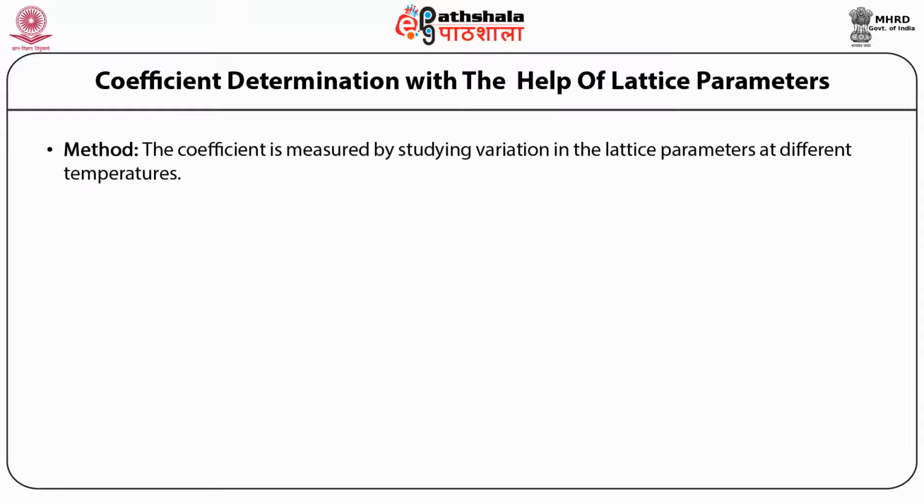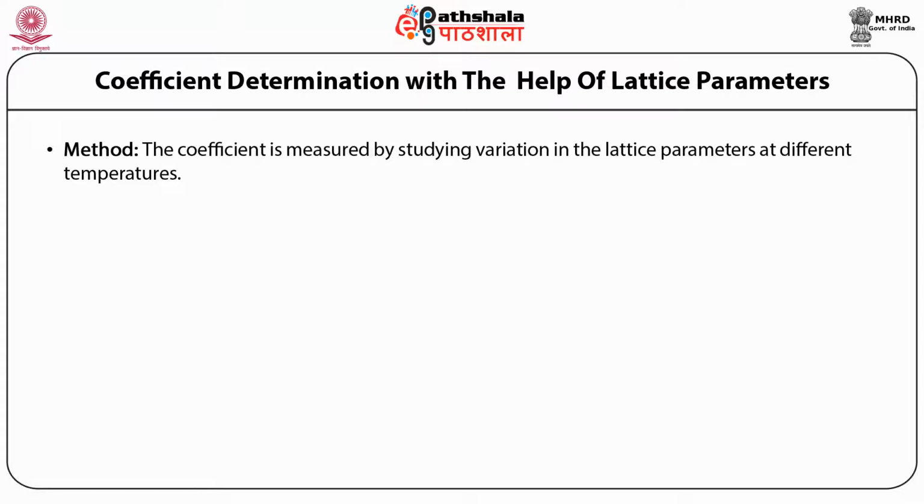Now this method utilizes the basic parameters of the lattice to determine the strain in different materials, and using the value of the strain and polarization, it determines the electrostrictive coefficient.